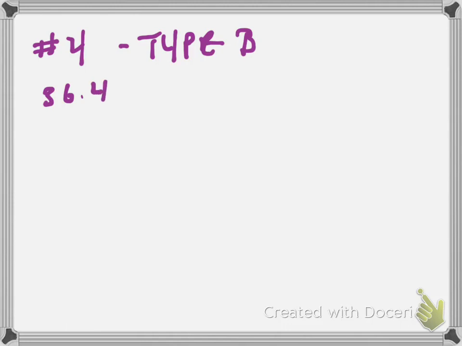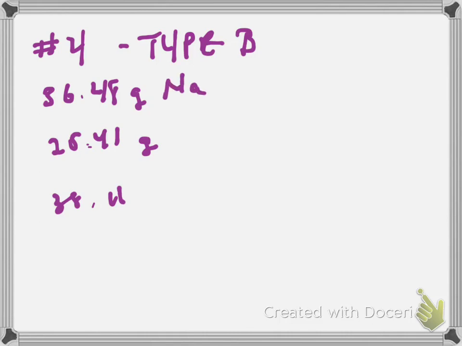For question number 4, this is a type B. So it's like a 3-step process following your help sheet. Write down the given grams. This one takes a little bit longer. And it's a good idea to just show as much as you can with units.